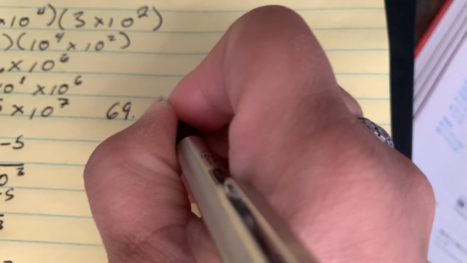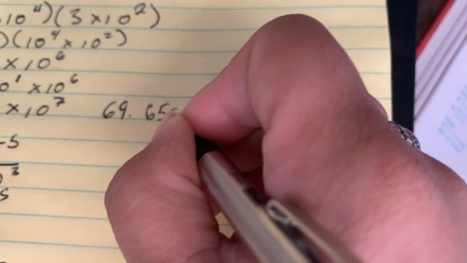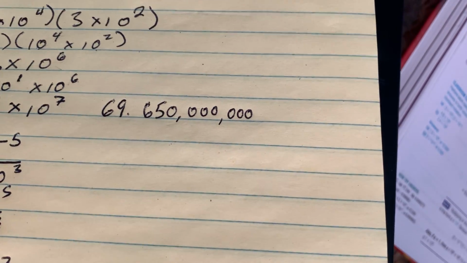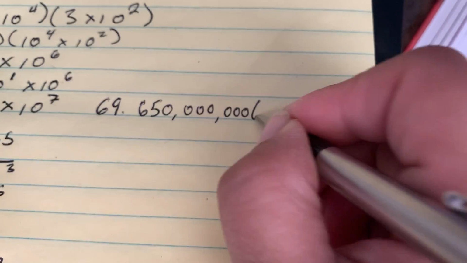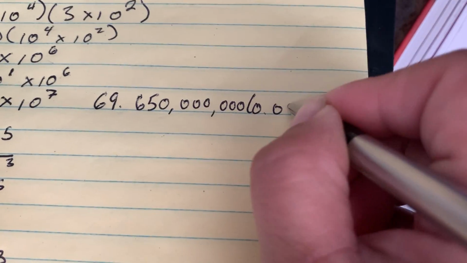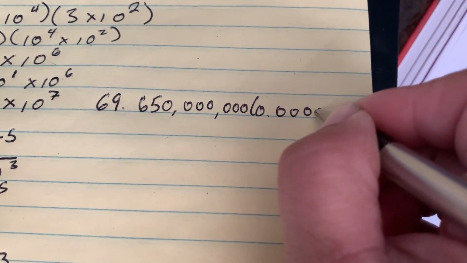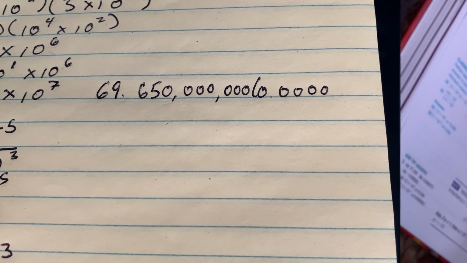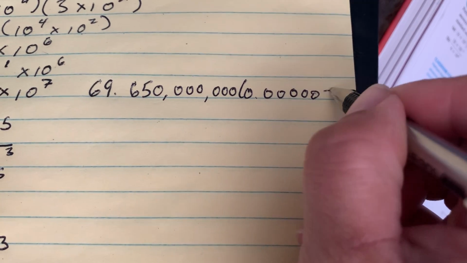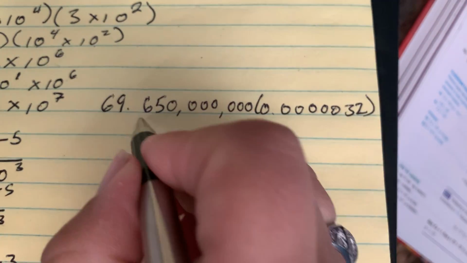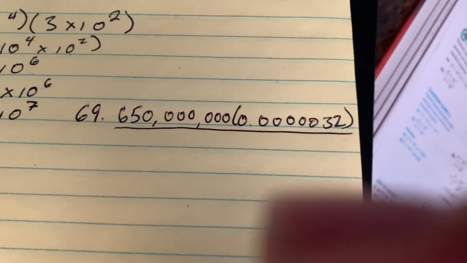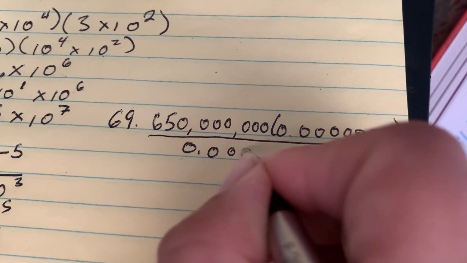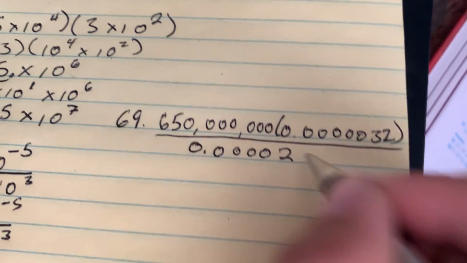So let's say we have 65 times, divided by another small number, 1, 2, 3, 4, 2. Okay.